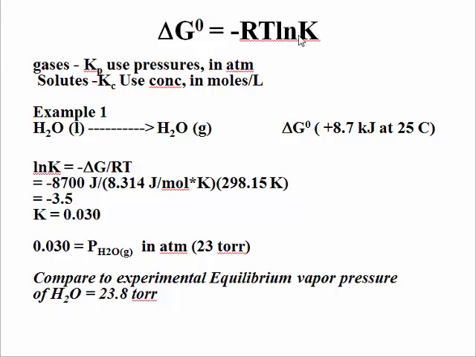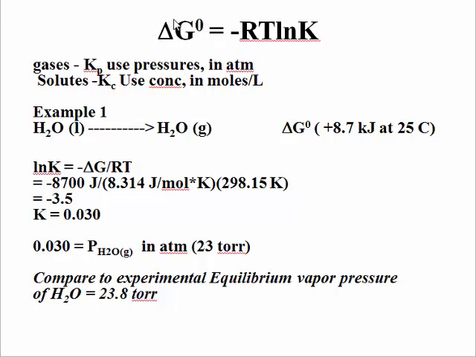For gases, this K that you can calculate is Kp. For solutes, the K that you calculate from the data tables is Kc. What this will show is that if delta G is negative, you have large K. The reaction is expected to go to the right.